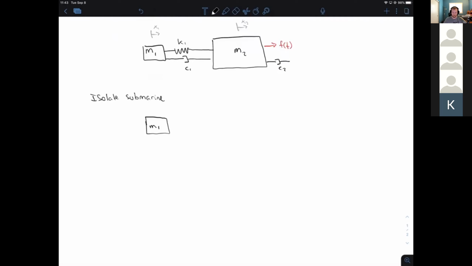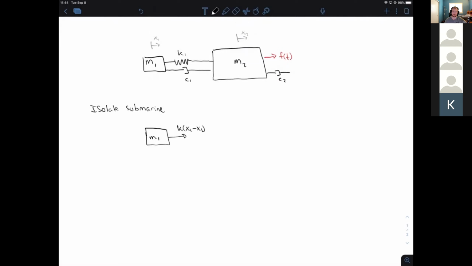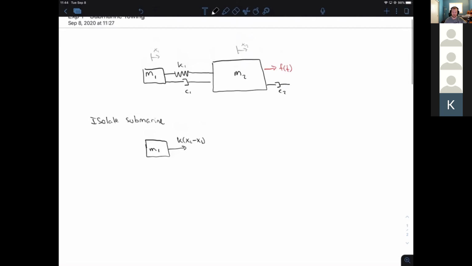All right, so let's work on this now. So we're going to have x2 minus x1. So hopefully you can remember what we basically did from your vibrations class. So we're modifying our free body diagram here.